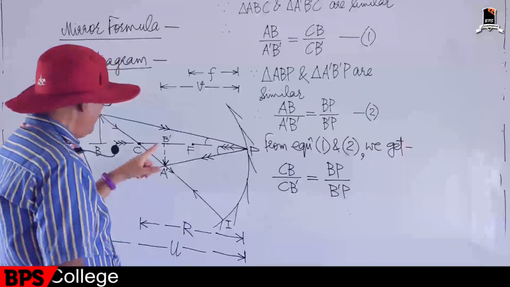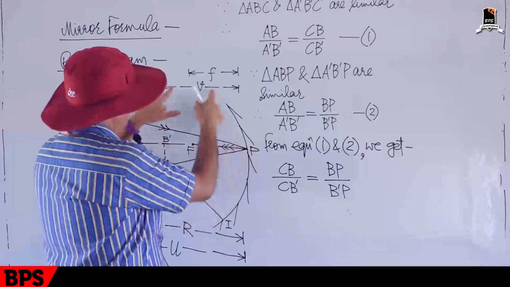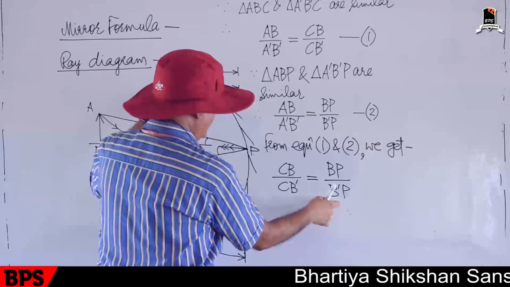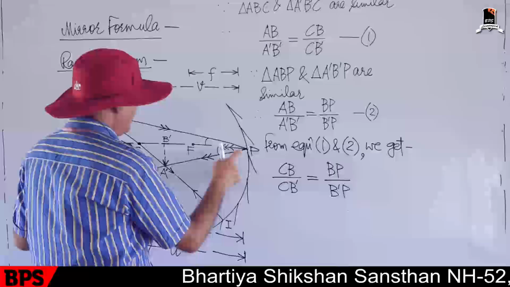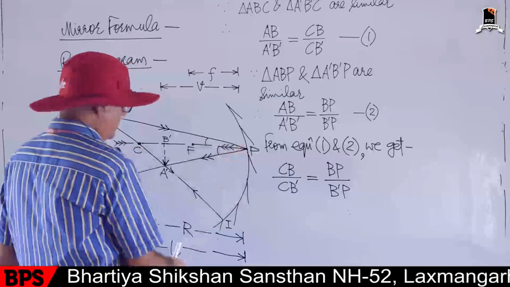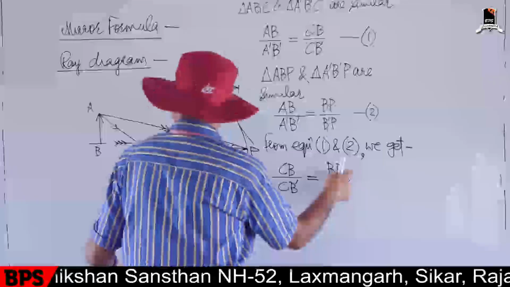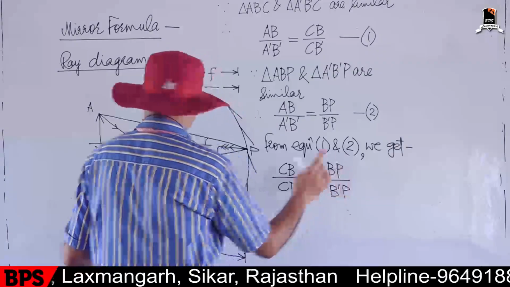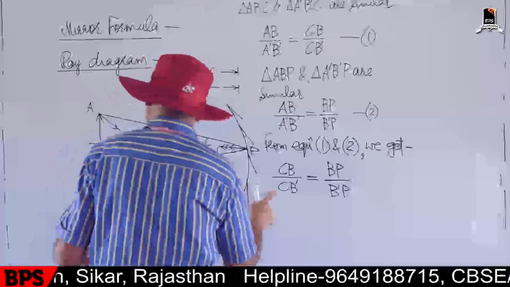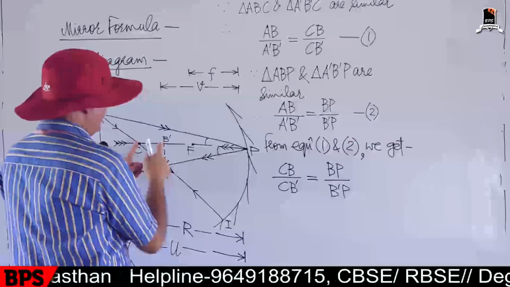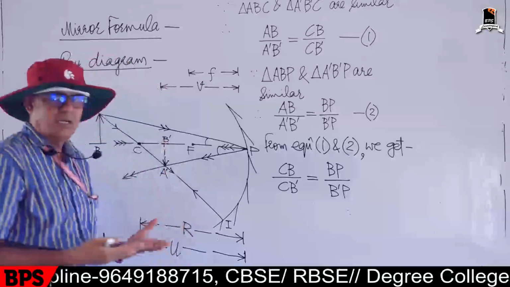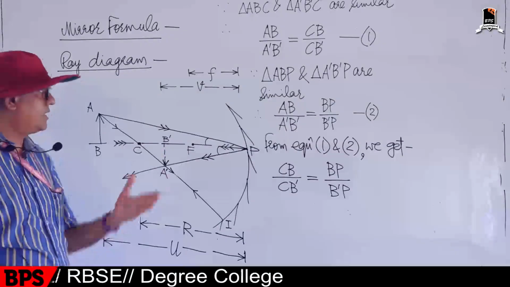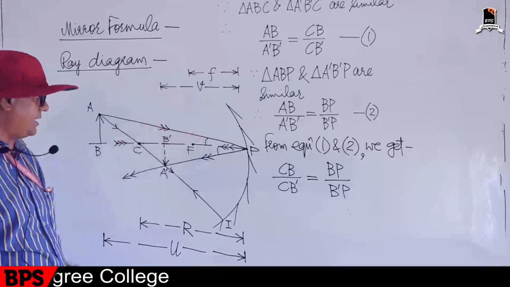Now B dash P is a defined value, it is V, so there is no need to change this. BP is also a defined value U, so there is no need to change BP either. Now CB dash is not defined, so we will turn this CB dash distance into the form of these defined distances.